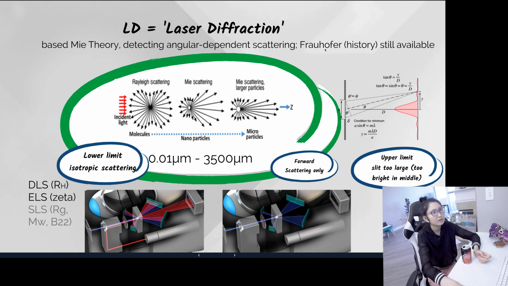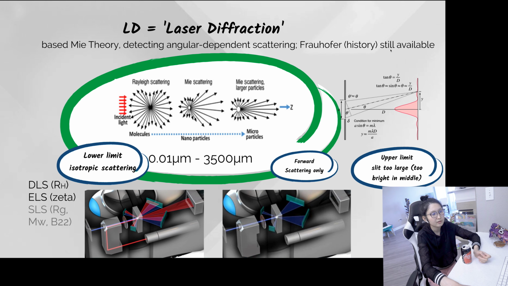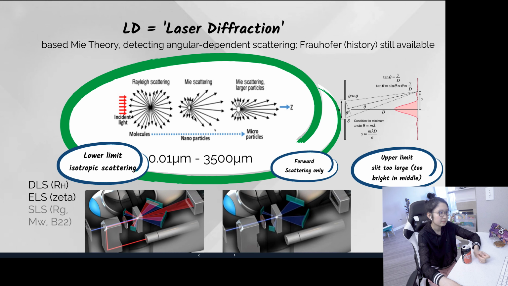We still have the Fraunhofer calculation method inside the software, but for the majority of cases, we use the Mie complete solution. Okay, so the idea is pretty simple then. These two graphs show what you usually find in this type of technology, and the detectors are located at different angles to detect the angular dependence of the scattered light.